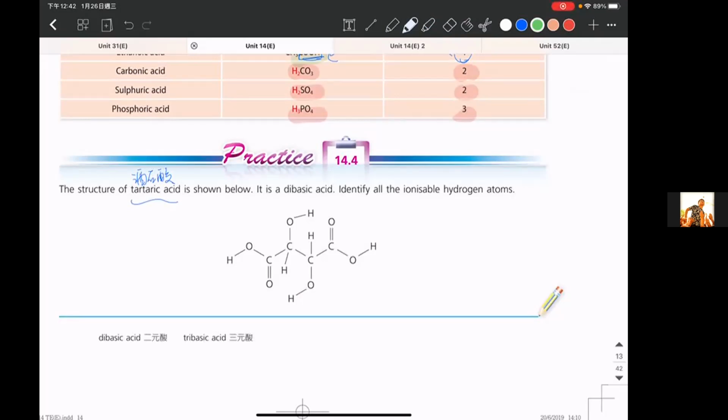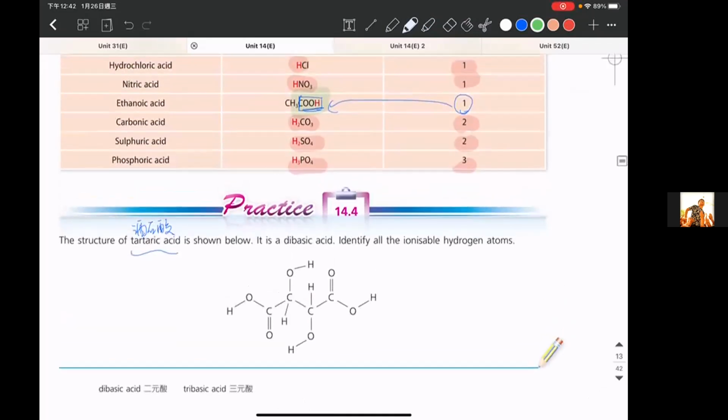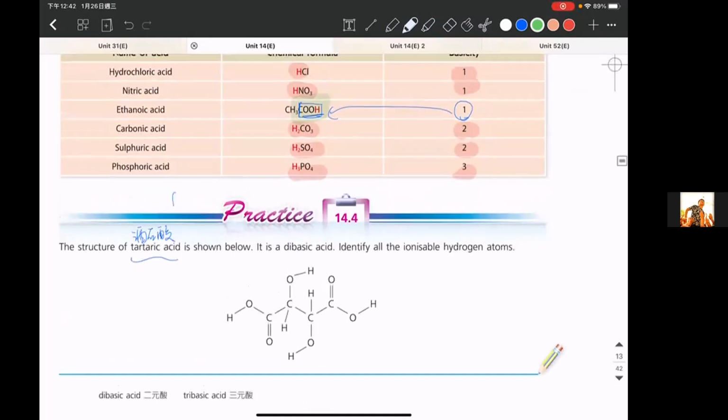So what is the basicity of this tartaric acid? Start with, you are going to check what. First of all, it is an organic acid, as I said to you, from grapes. 提子. So whenever you talk about an organic acid, you are going to check what group?